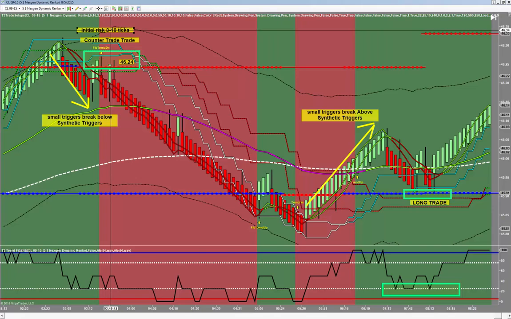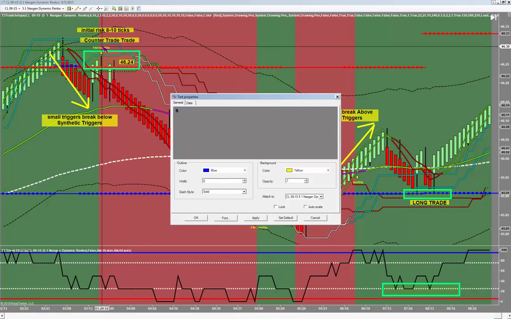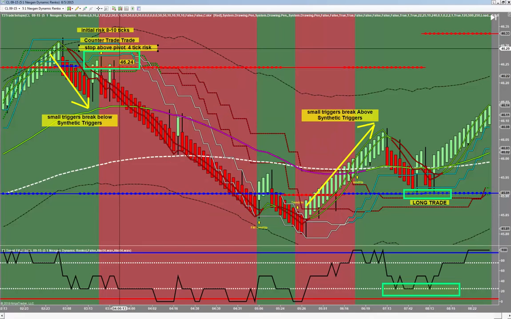Okay, then once you had your first down bar, your stop would have gone in at 28 or 29. So you would have had a stop placed, right? Just like we talked about, stop above the pivot. You would have ended up with 4 ticks of risk, right?